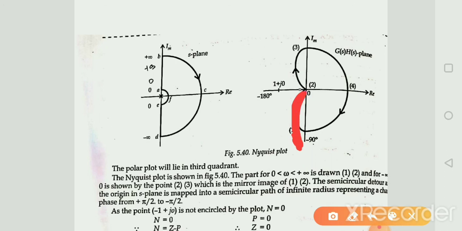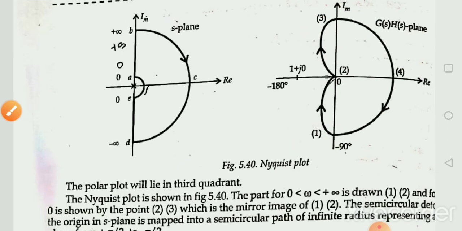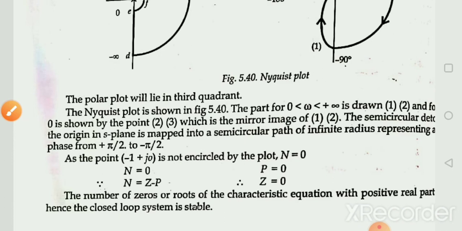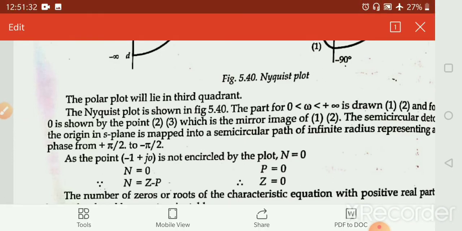So at first we make the polar plot like this. Now we take the mirror image of this. So the mirror image is like this, and now we make a closed path from 0 to infinity. So we make a closed path from here to here. So this is our Nyquist plot. And now you can see here we have no encirclement of the point minus 1 plus j0, so the value of N equal to 0.